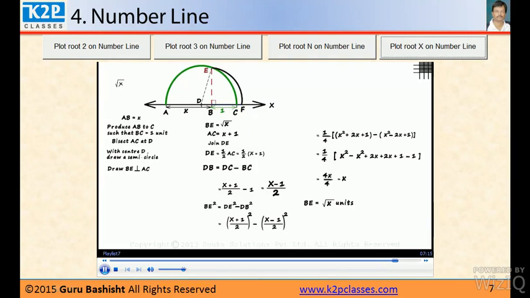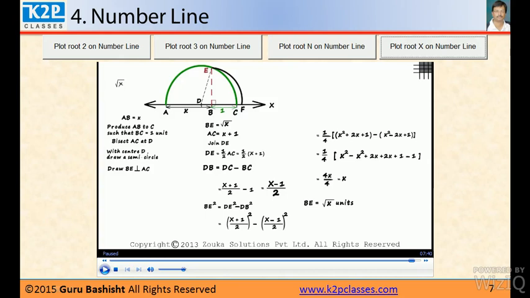So if we want to find the square root of 3.8, all we have to do is take AB as 3.8 units. You will get BF equal to root of 3.8 units. To understand the detailed explanation, please watch the third part of the video.